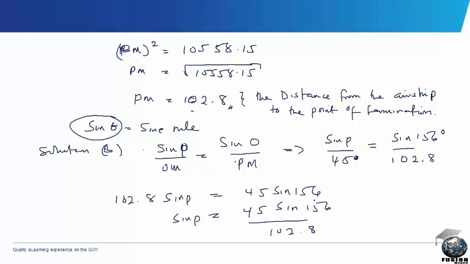If you carry out that division, I'm not going to go step by step, we don't want to go through a tedious process. We have that sine P is equal to 0.1780, so that P will be equal to sine inverse of 0.1780.